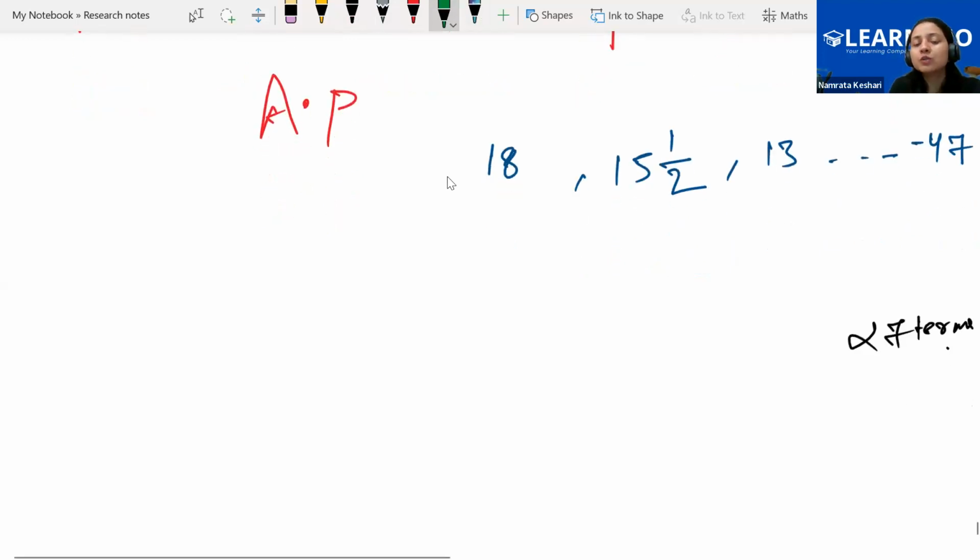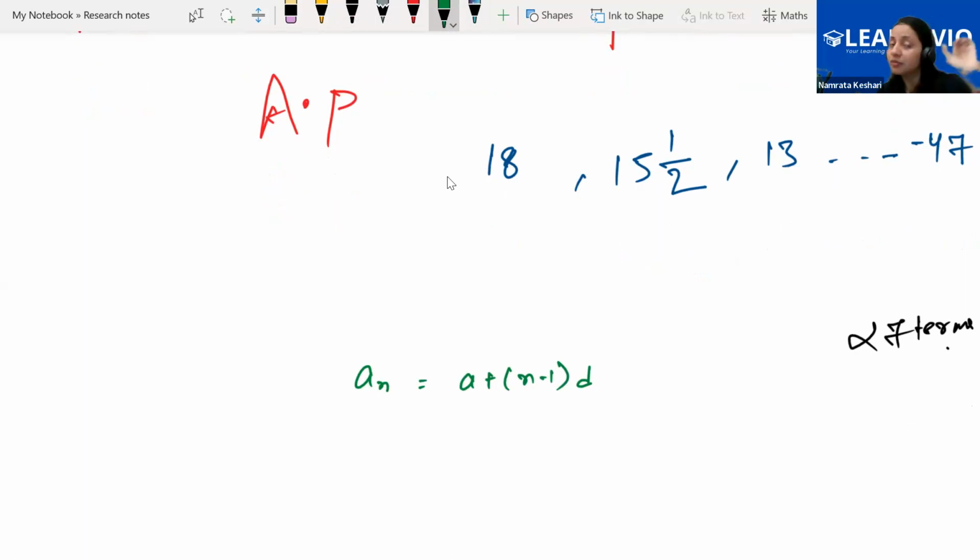So here we know we are having one formula, that is an is equals to a plus n minus 1 into d. Is it possible to apply this formula over here? However, we are coming to one more formula, just another version of the same formula. But before that also you will be able to relate this question with this formula.